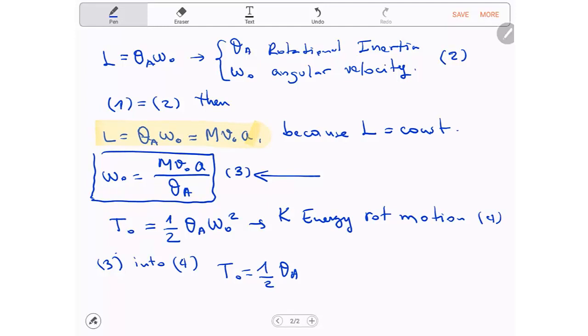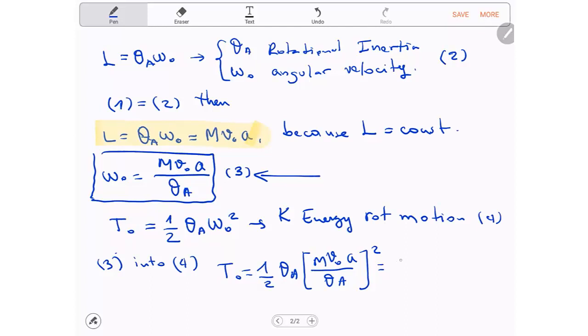We found the angular velocity in equation number 3, so we write equation number 3 into number 4 like this, and we know that this is squared here. Let's do this little algebra real fast.